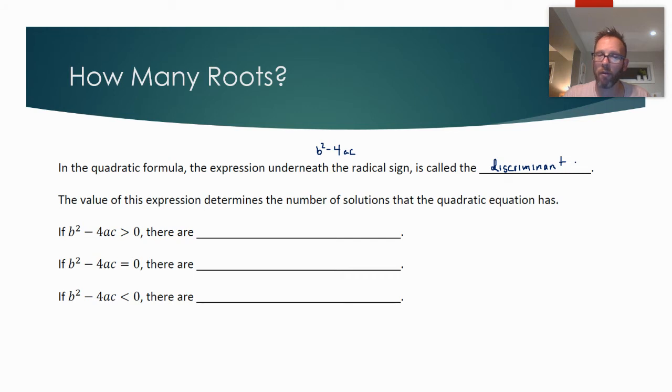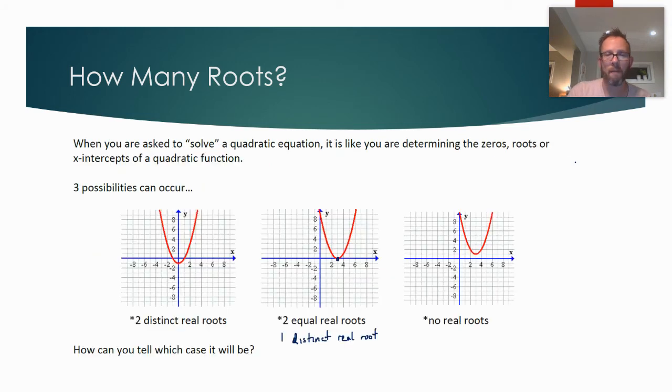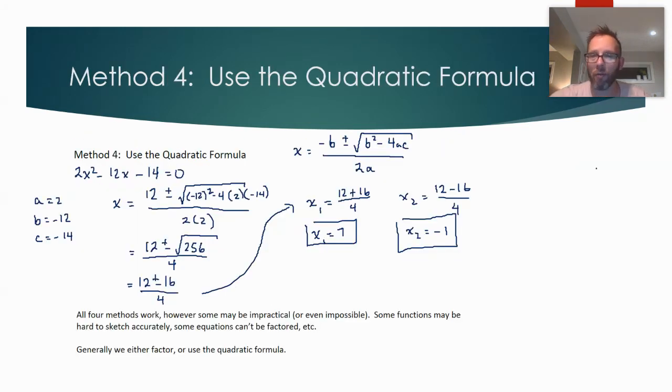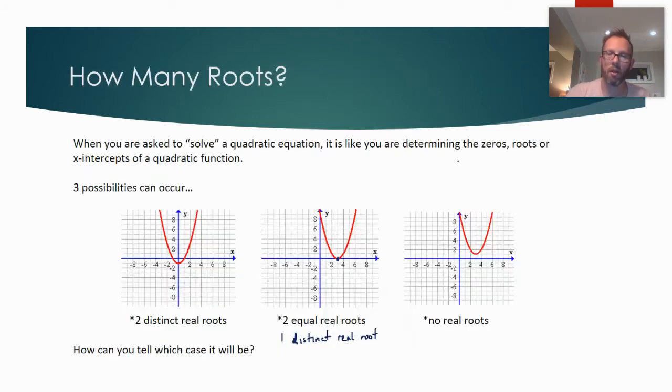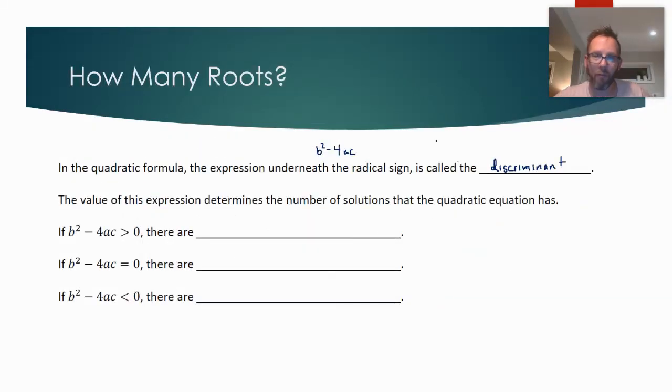So if b squared minus 4ac, the discriminant, is greater than 0 or positive, let's think about this, guys. If underneath the square root is a positive number, we'll be adding something and subtracting something and getting two different answers, right? So if b squared minus 4ac is greater than 0, there are two solutions.